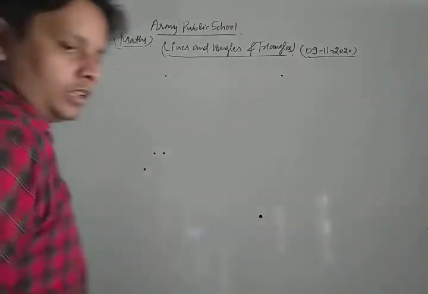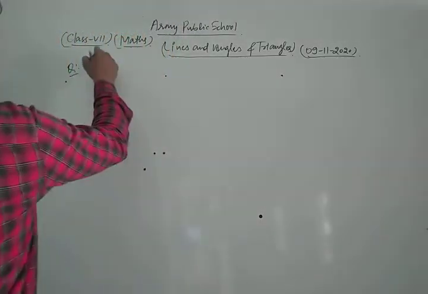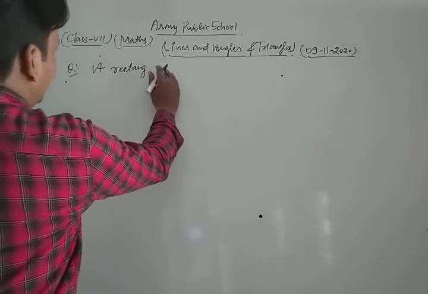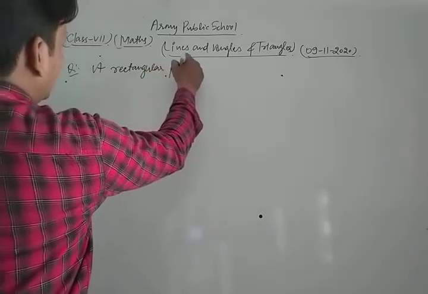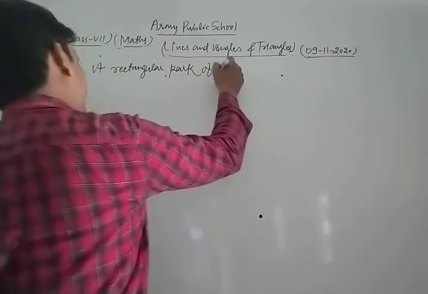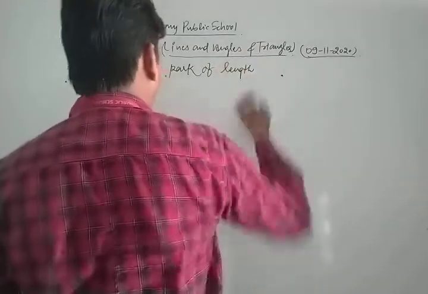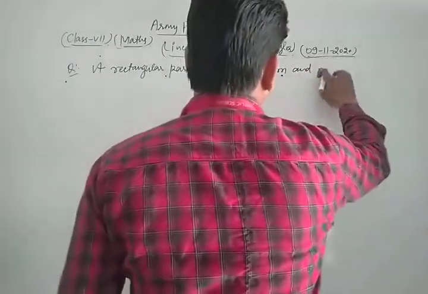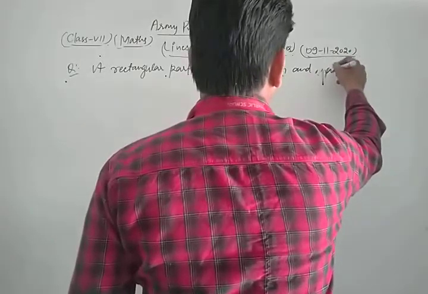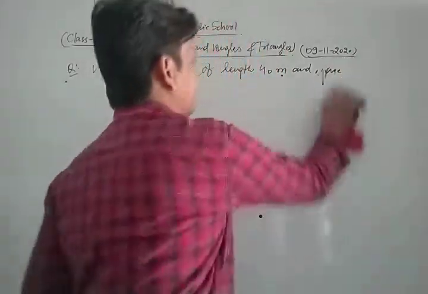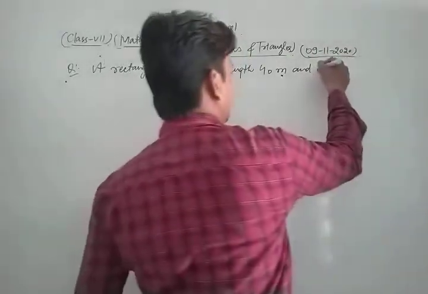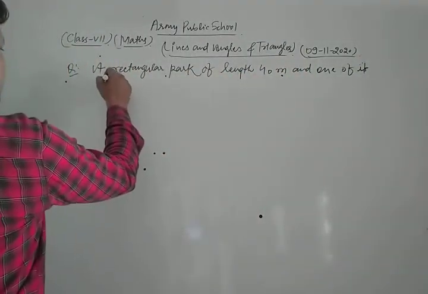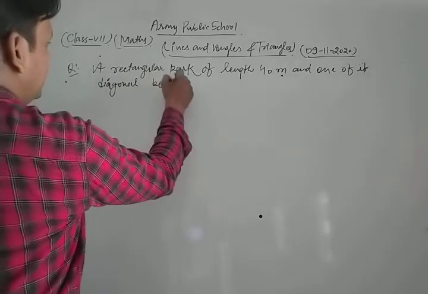Now your question is, a rectangular park of length 40 meter and one of its diagonal be 41 meter.